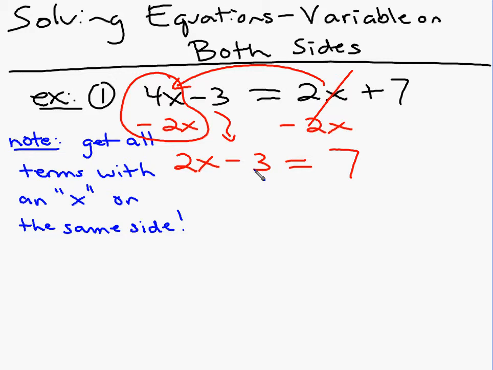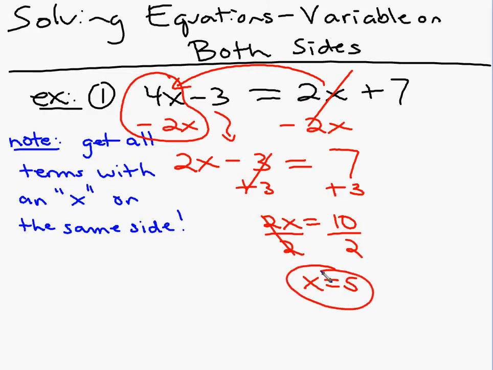From here on out it's pretty straightforward. We add 3 to both sides so that 2x equals 10. And then I finish by dividing both sides by 2. So the final answer is 5. So the most important thing is getting all of the x's on the same side.